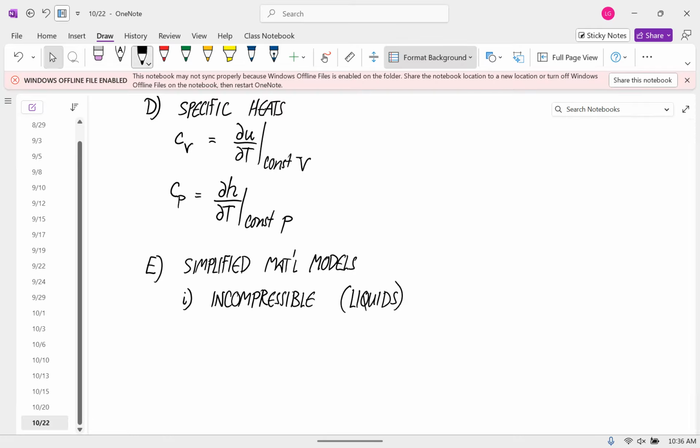The first you can think of as the definition that says the specific volume is a constant.